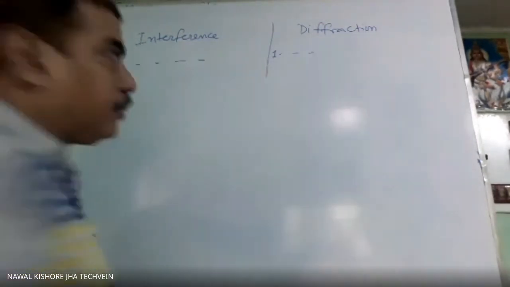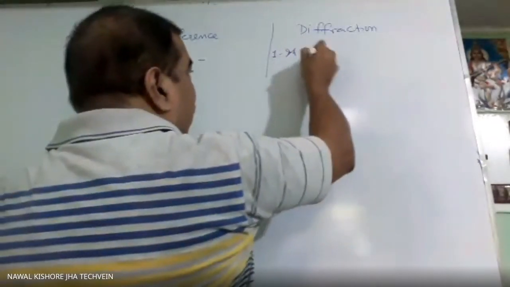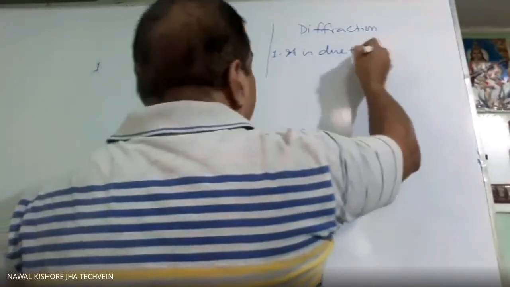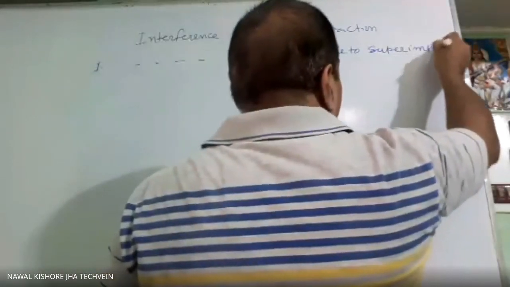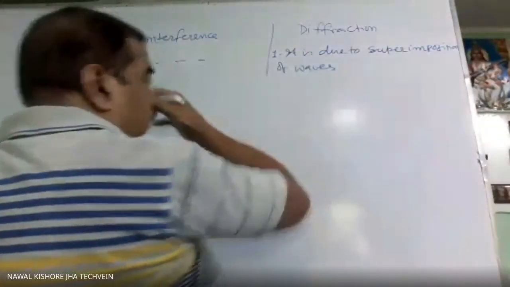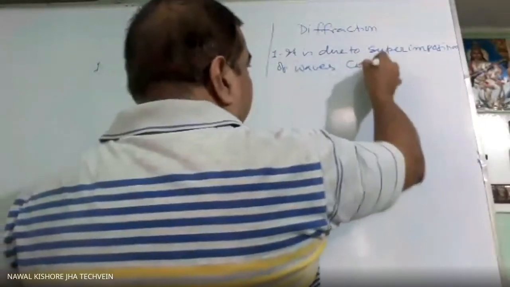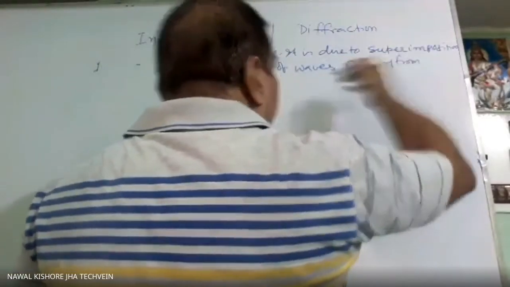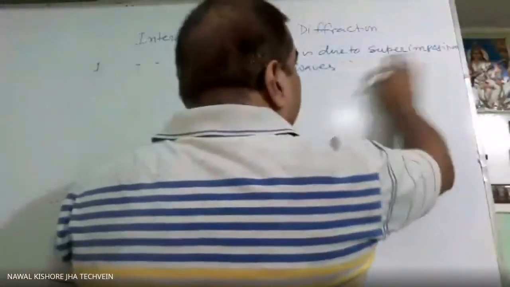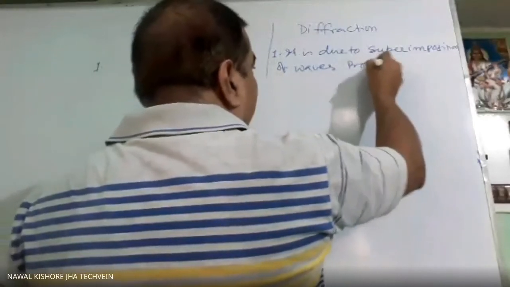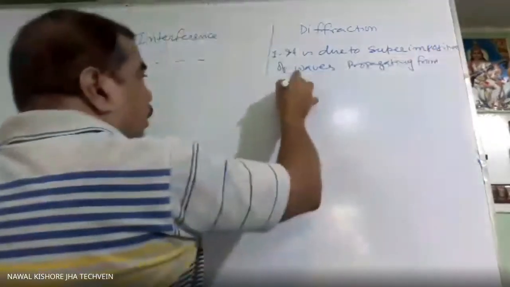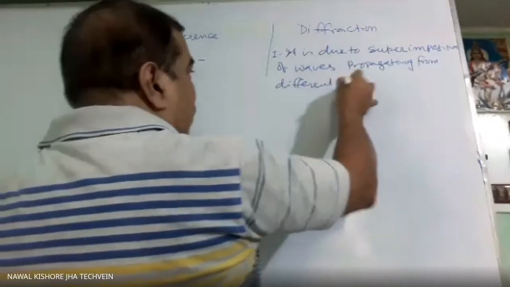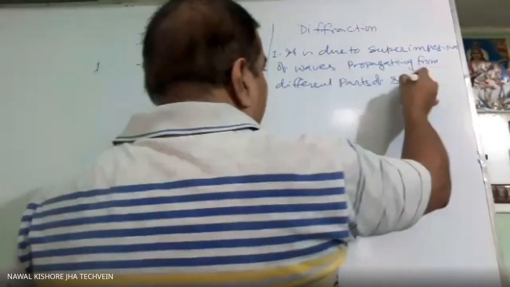Whereas in diffraction, it is due to superposition of waves coming from different parts of the same wavefront.